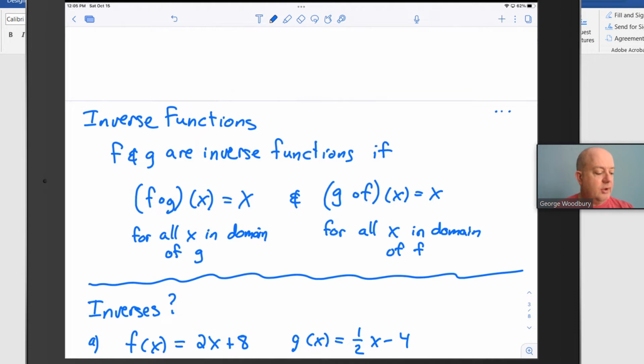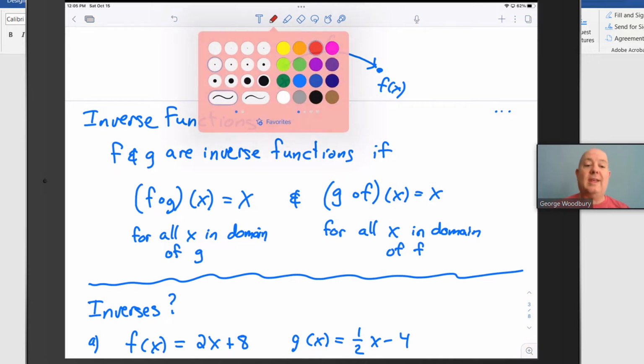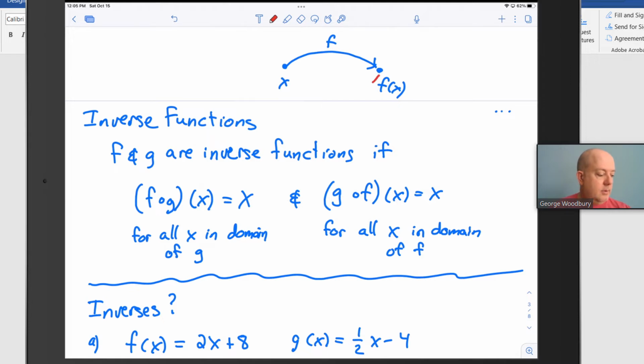If we have some input value x, the function f brings that to a value that we call f of x. The inverse function will reverse that pattern and bring us back to the value of x. So this is the inverse of f of x.